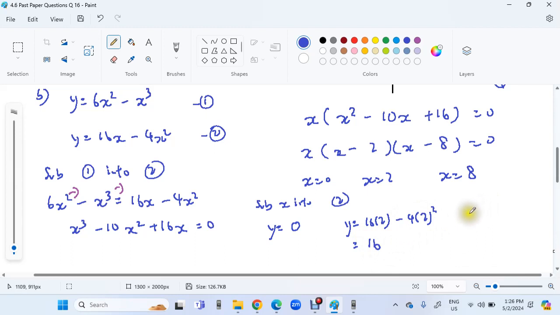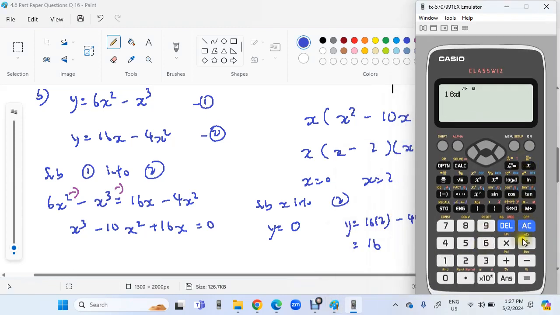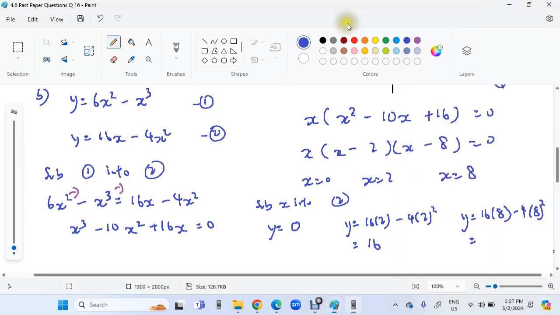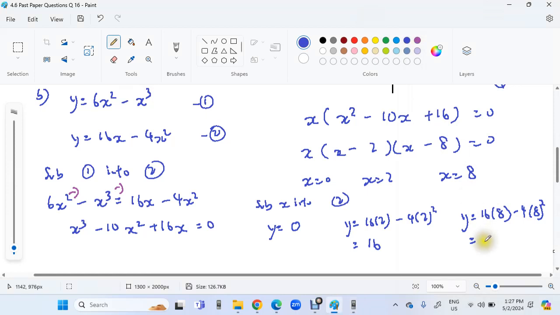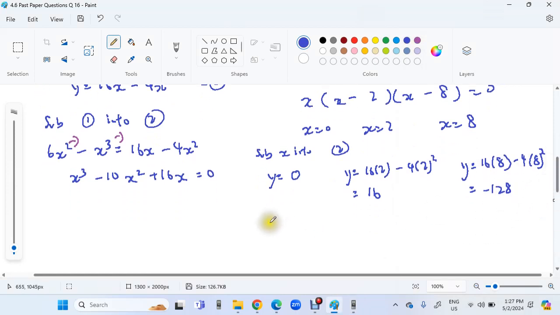When x equal to 8, y equal to 16 times 8 minus 4 times 8 squared. So we substitute 8 into 16x minus 4x squared, and we have negative 128. So the points will be 0, 0; 2, 16; and 8, negative 128.